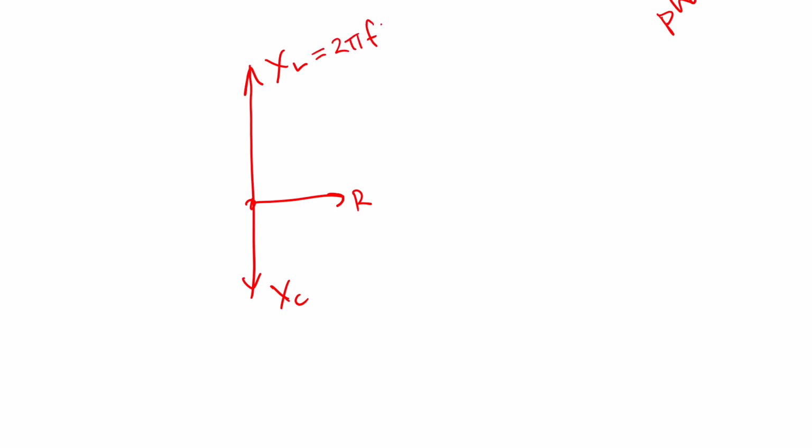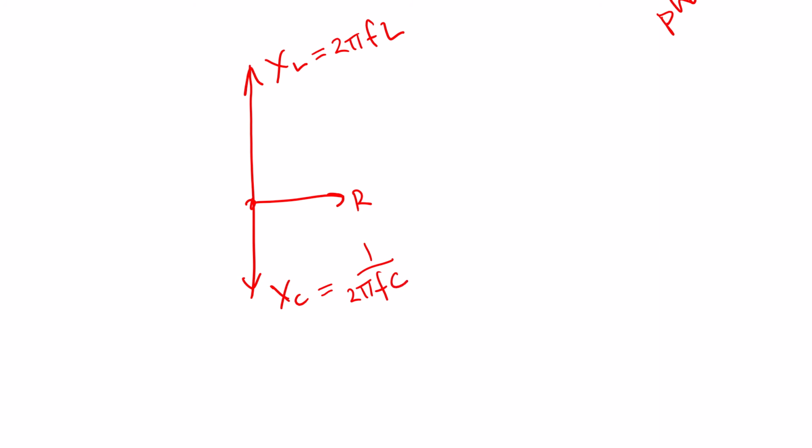And of course, when we're drawing our diagram like this, with our inductive reactance and our capacitive reactance and our resistance, our inductive reactance equals 2 pi FL, and our capacitive reactance is equal to 1 over 2 pi FC.